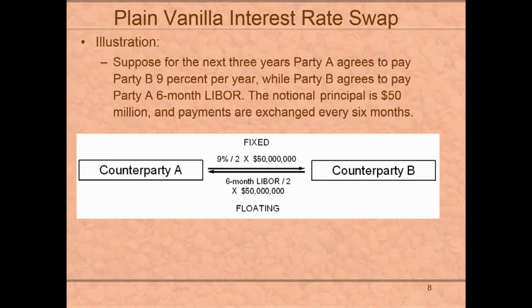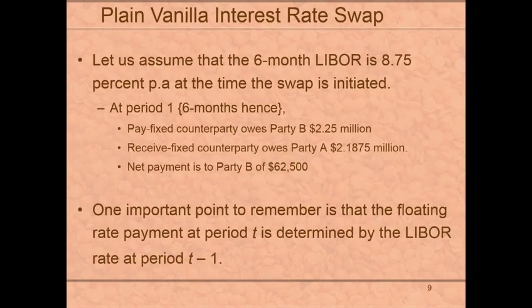This is paid over a 6 month period. So of course, the fixed interest payment is 9% times 50 million divided by 2. The LIBOR rate is at 8.75. Remember, it's an annual rate, so again you have to apportion.